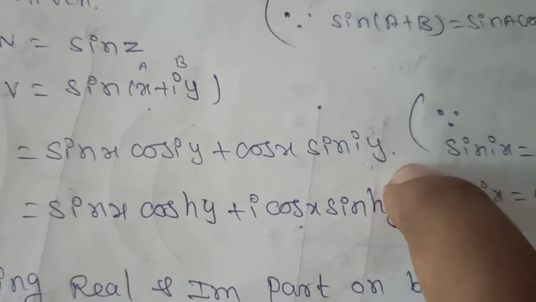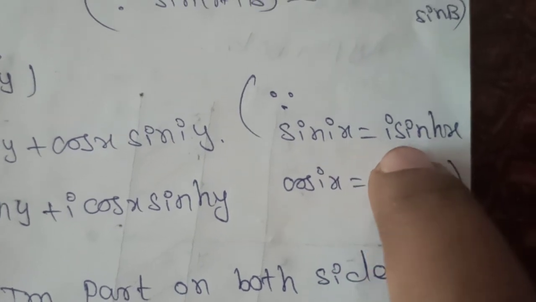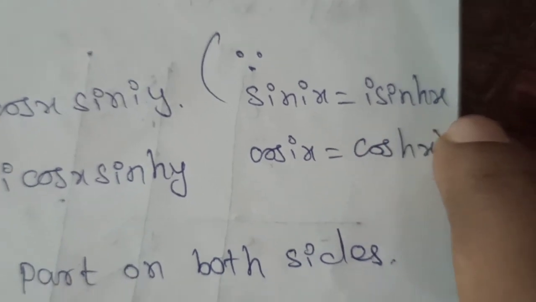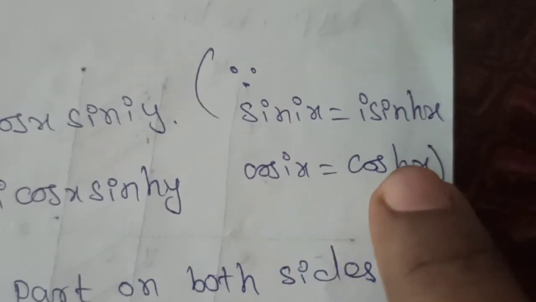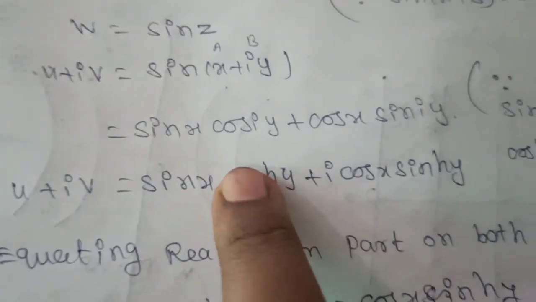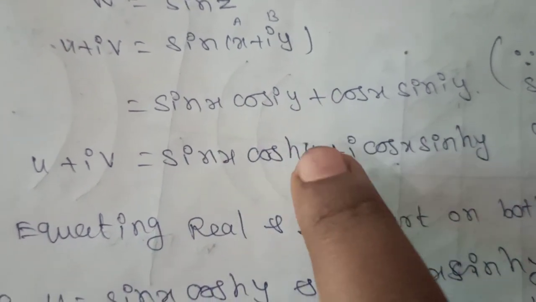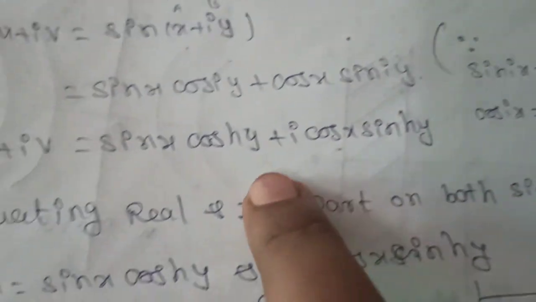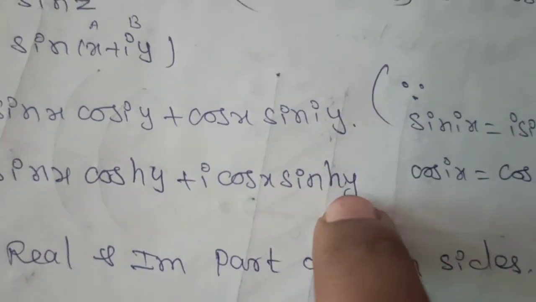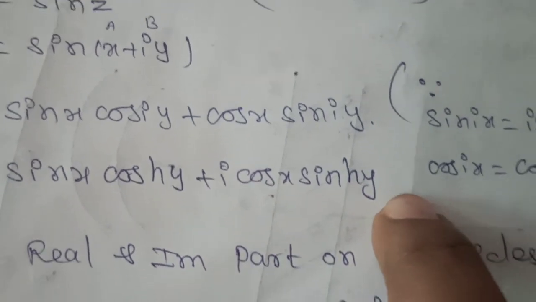Next we apply the formulas cos iy equal to cos hy and sin iy equal to i sin hy, the hyperbolic functions. So sin x into cos hy, plus i into cos x into sin hy.